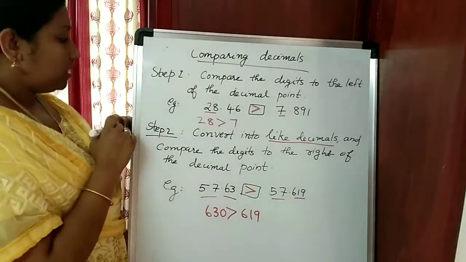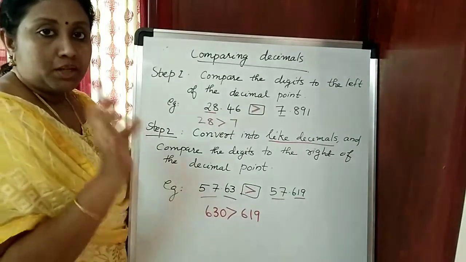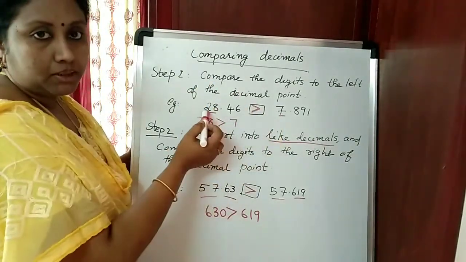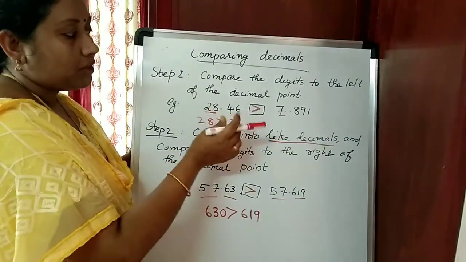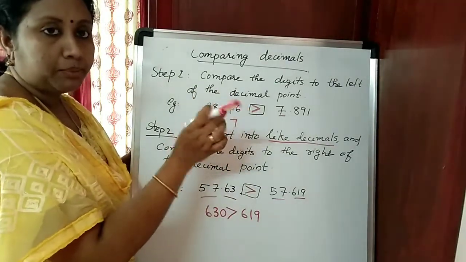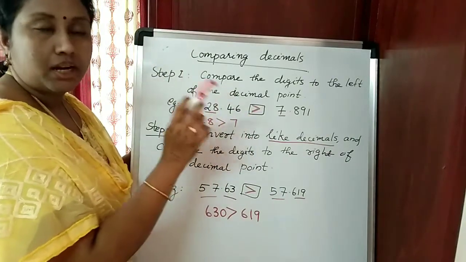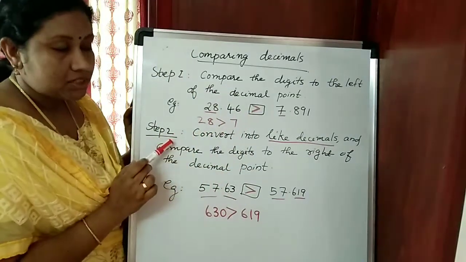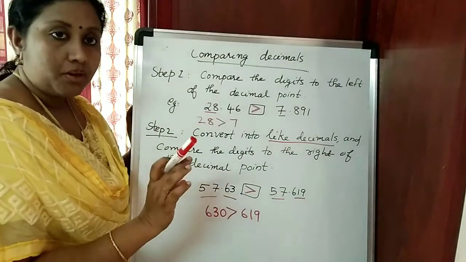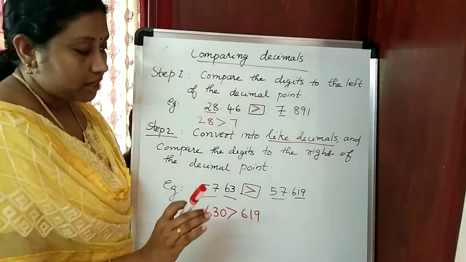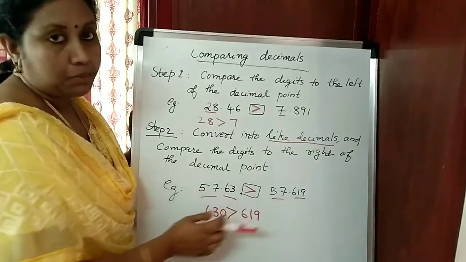Once again listen. When we compare two decimal numbers, first you compare the whole number part. In that case, which is the greater whole number, that is the greater decimal. Then that is the second step. If both the whole number parts are same, in that case you check the decimal part.